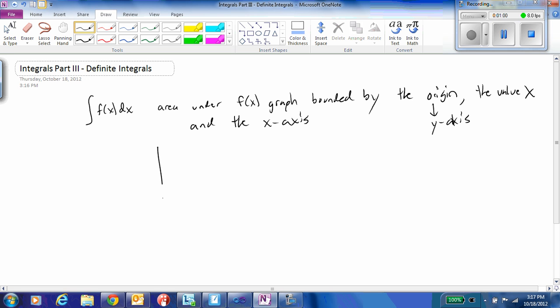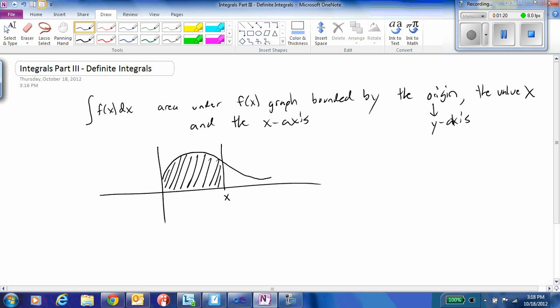So, for example, if I had the function f of x that looked at something like this, the value of the integral at x is this area. It's the area from the origin out to the value of x, bounded by the curve f of x and the x-axis.